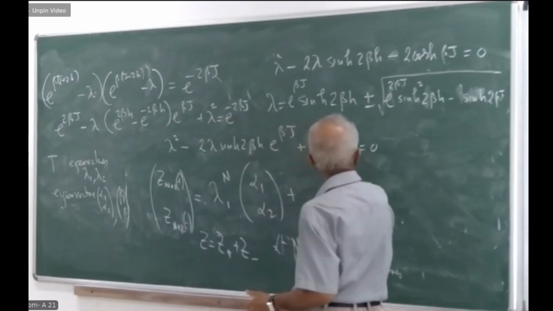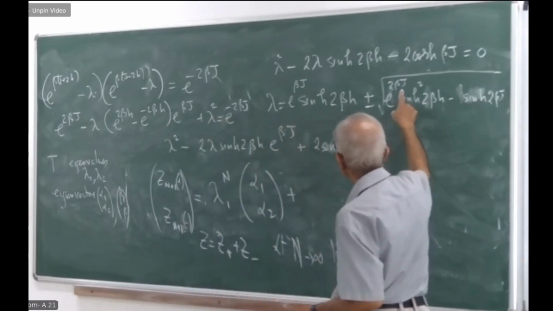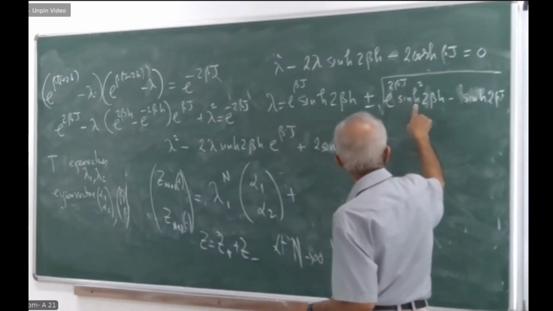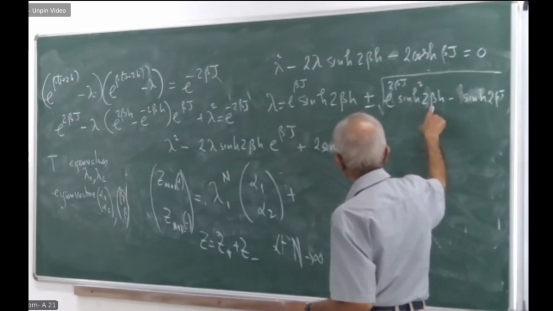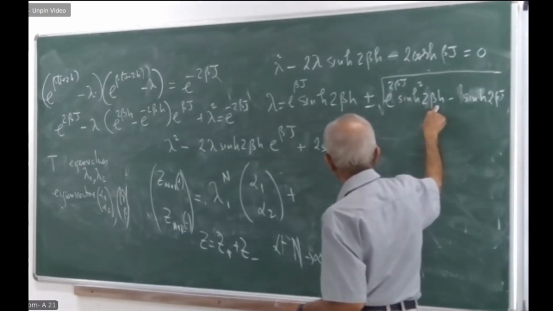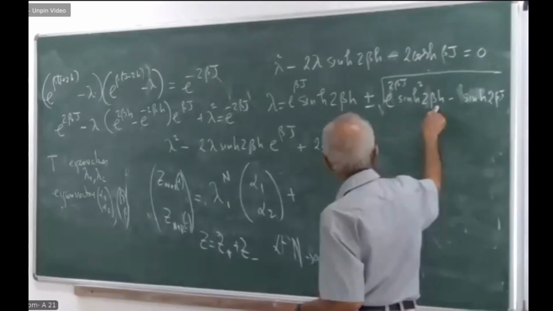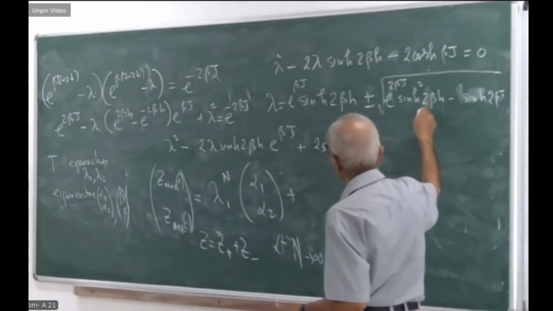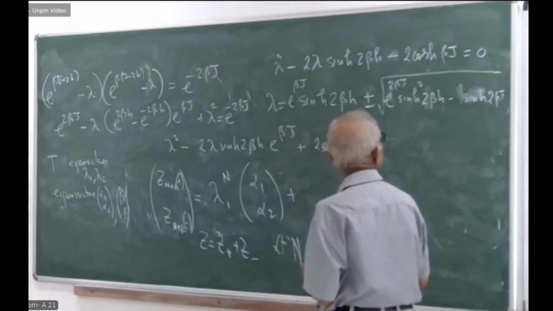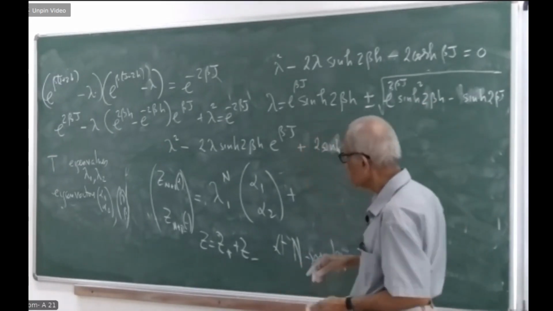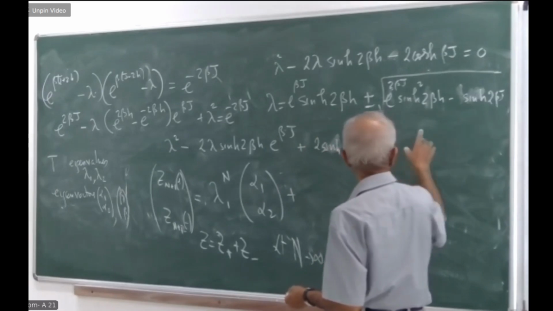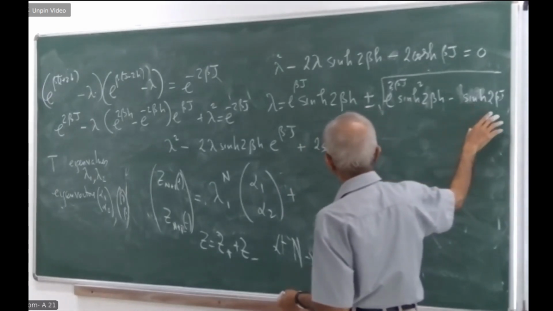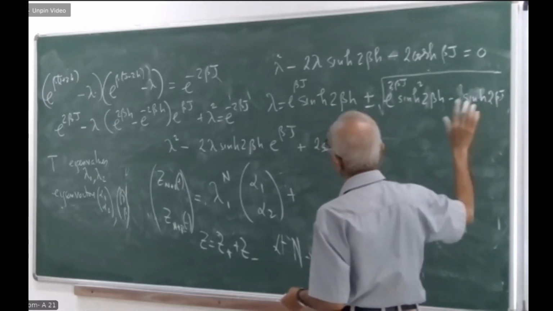So it is e to the power 2 beta J sinh squared 2 beta h, right? So that with a 4. Yeah. Right.